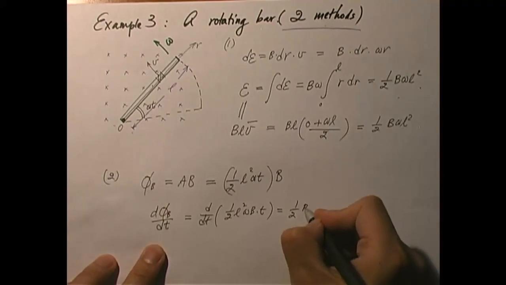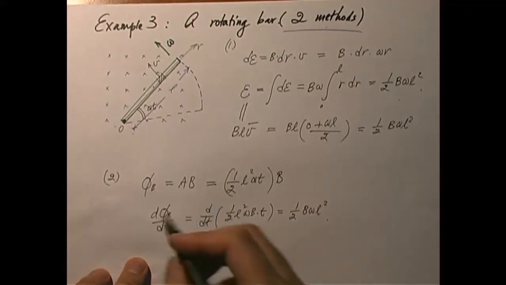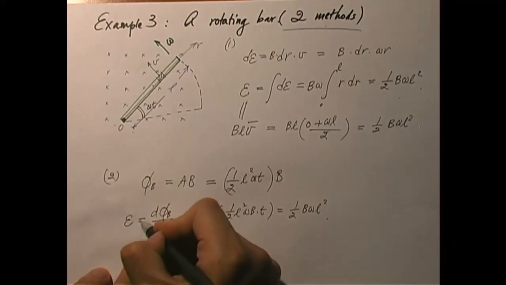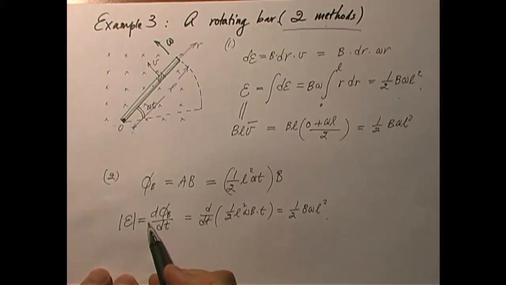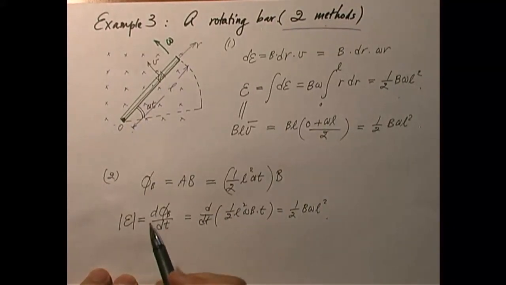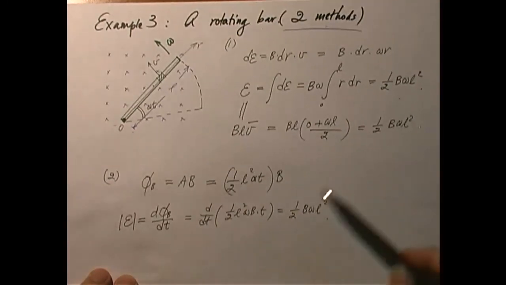Or you can write it as B omega L squared, same thing. That, in fact, is the magnitude of epsilon, right? The magnitude of epsilon. Here I also calculate the magnitude of epsilon. I didn't write down this negative sign because that negative sign only tells the direction of epsilon. So I'm just comparing the two magnitudes. You see, you get exactly the same result.